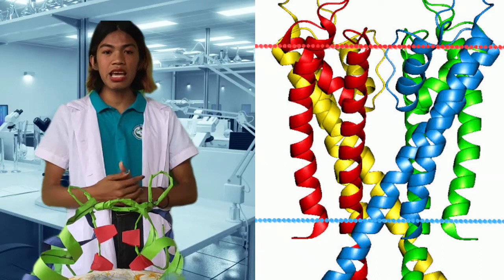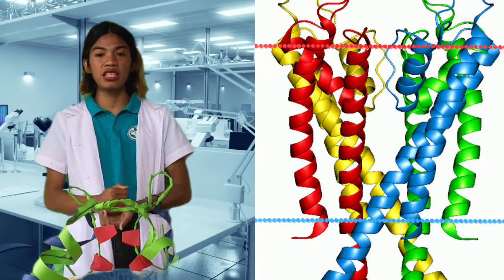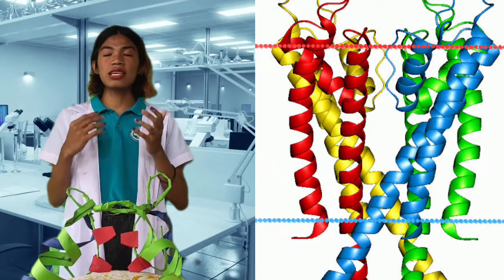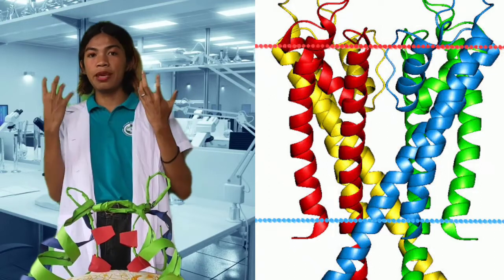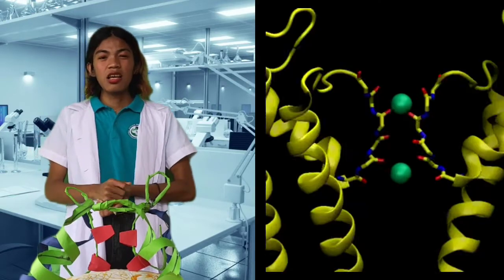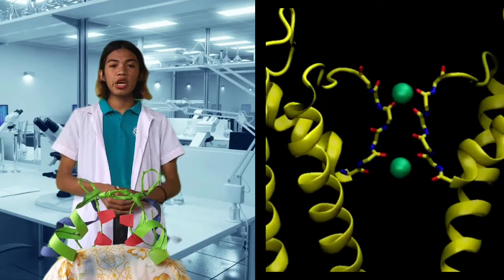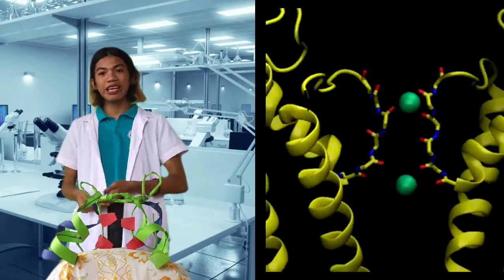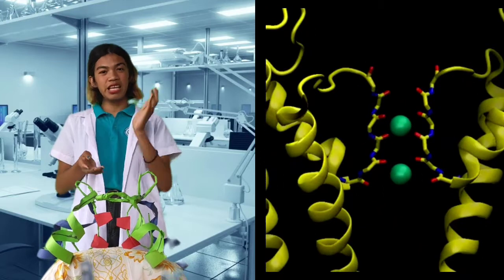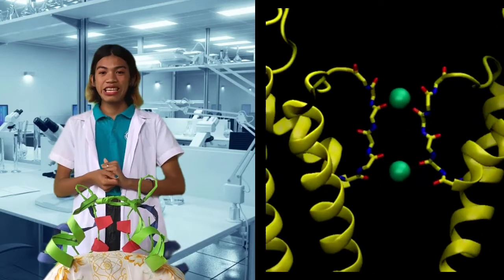This KcsA is a pH activated protein channel, which is responsible for the potassium ion gating and shuttling. The structure of KcsA was demonstrated using X-ray crystallography by Roderick MacKinnon and his colleagues in 1998.